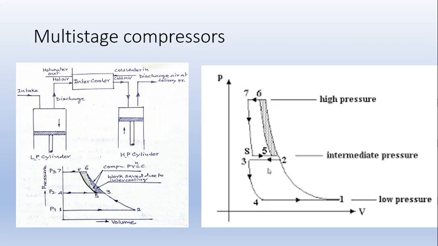This PV diagram is for the low pressure cylinder and this diagram is for the high pressure cylinder, and this shaded portion is the work saved by the intercooler. Okay, that we will discuss later. So this is the low pressure cylinder PV diagram, this is the high pressure cylinder PV diagram.